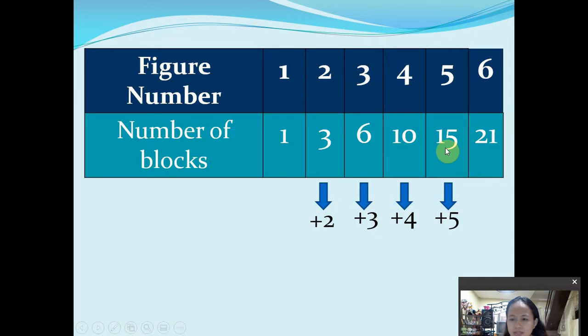So what do you think is the next number to be added to 15 to get 21? And that is 6. So 15 plus 6, that's 21. So if you observe, we simply add counting numbers to get the next desired number of blocks for each figure.